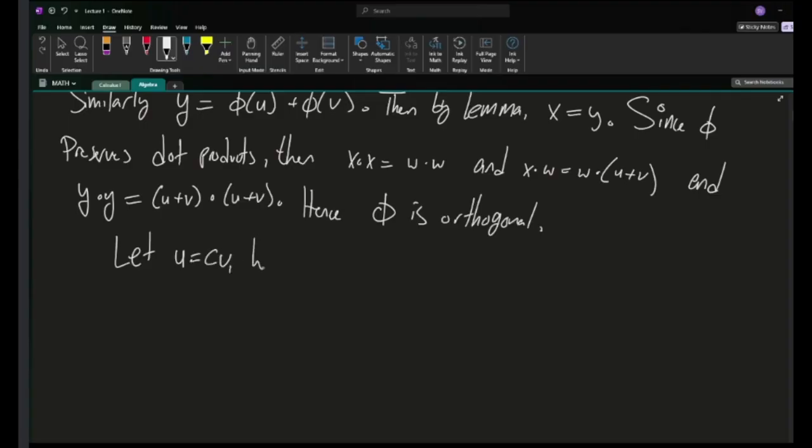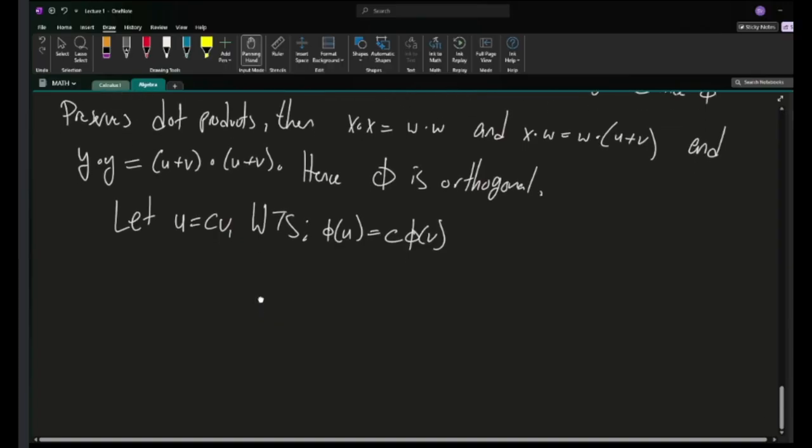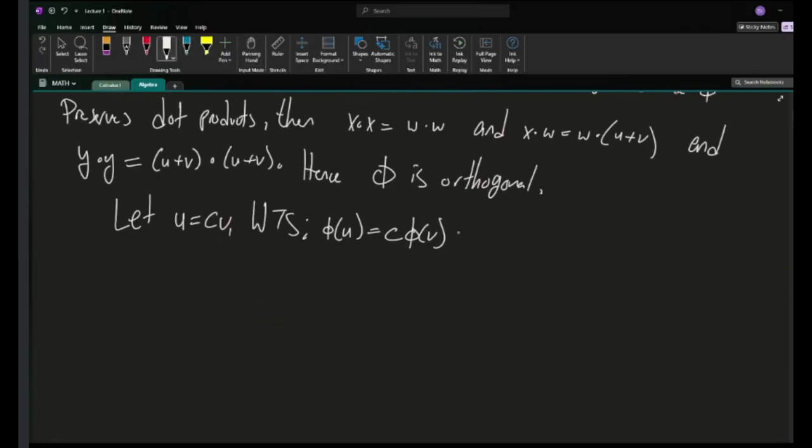So now our next step is that we want to show that phi of cu is equal to c phi of v, which again comes back down to what we want to show with linear operators, that there's some sort of semi-homomorphic products or values with them.